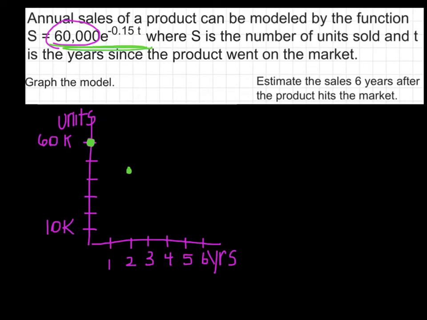After 4 years, there's about 33, which is about right here. After 6 years, there's about 24. It's about right here. And after 8 years, we'll just go ahead and add on 2 tick marks here. After 8 years, there's about 15.